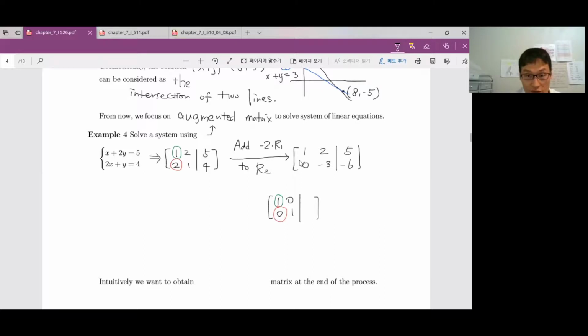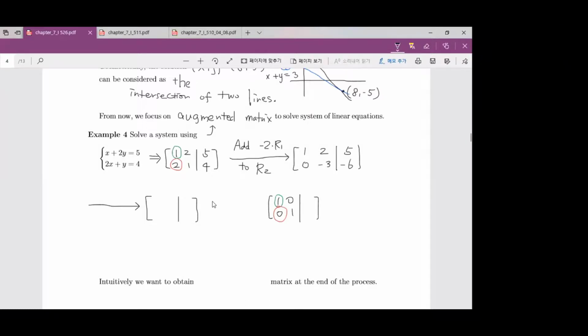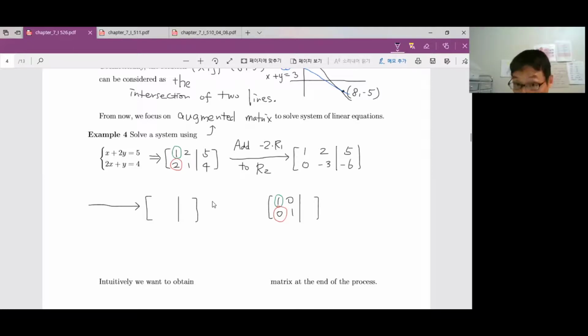So we are done with this first column. Fantastic. What's next? Can you tell me the next step? We could add 2 times the first row to the second row. Oh, very good. The goal is to have 1 in the last slot.